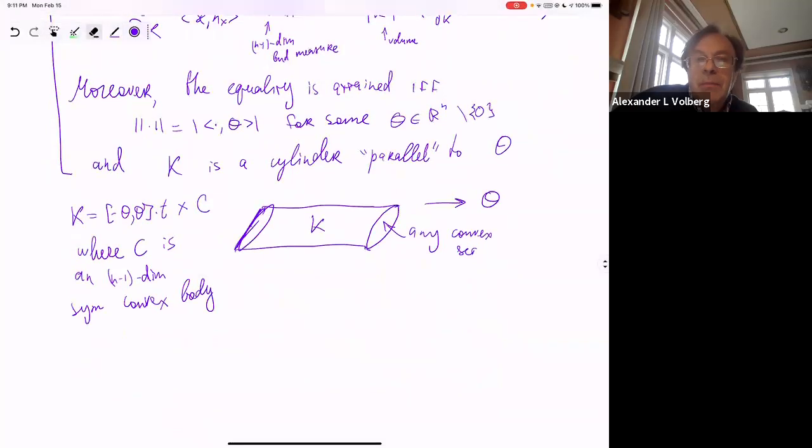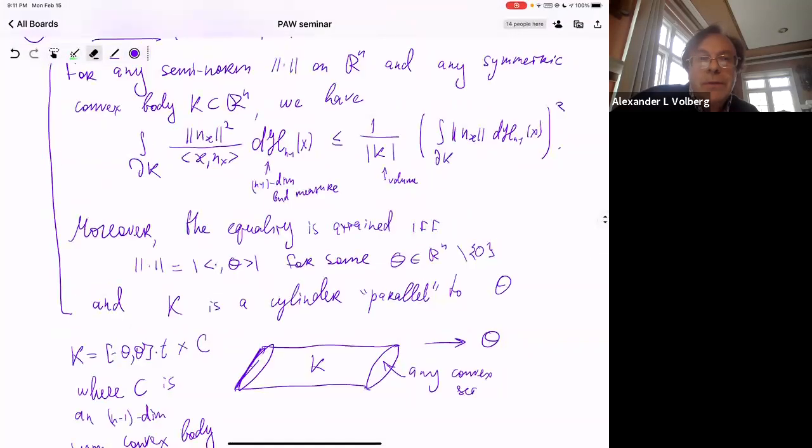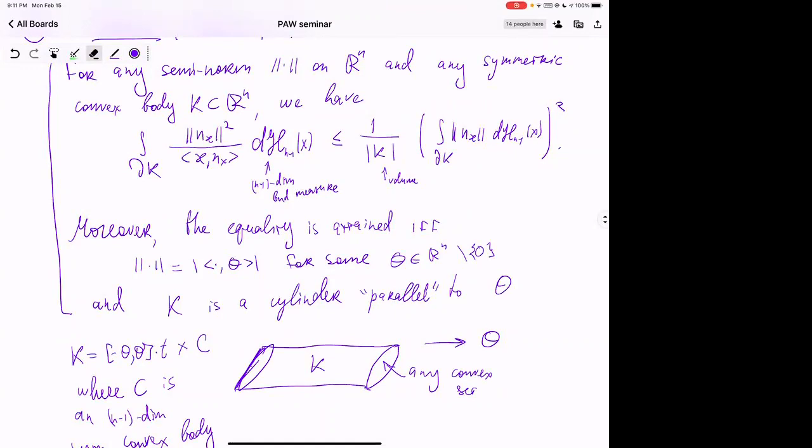What if the semi-norm is just the Euclidean norm? Is it easier in this case? Well, if it's the Euclidean norm, then n_x is a unit normal. So on the right hand side you have the surface area, and on the left hand side you have this guy. It's not easier, it's actually harder, but a little bit, not much.